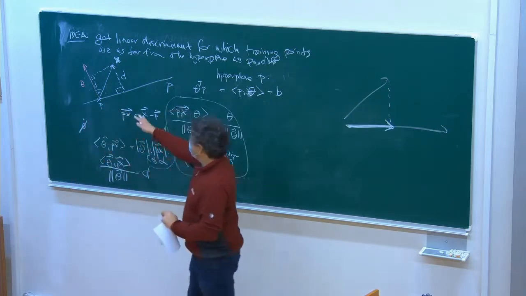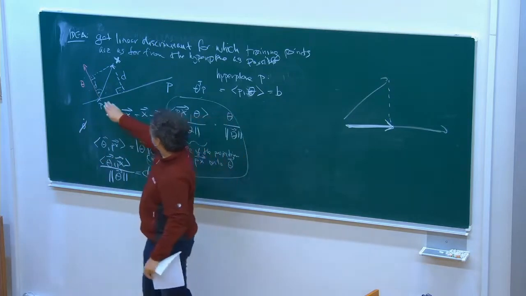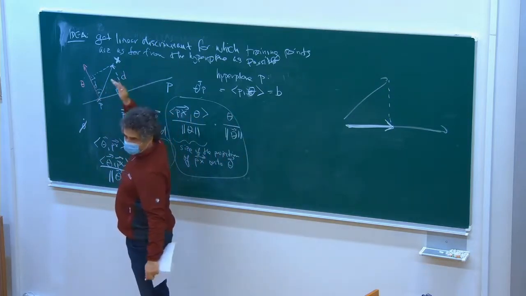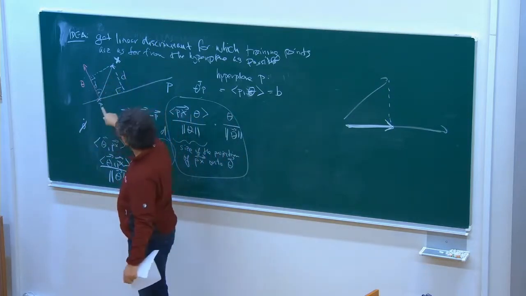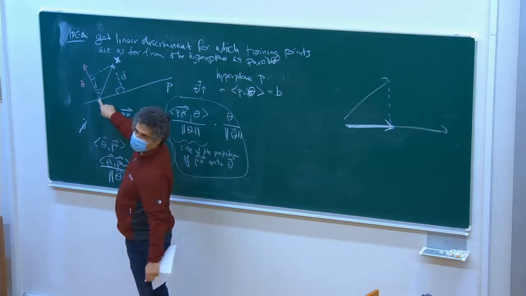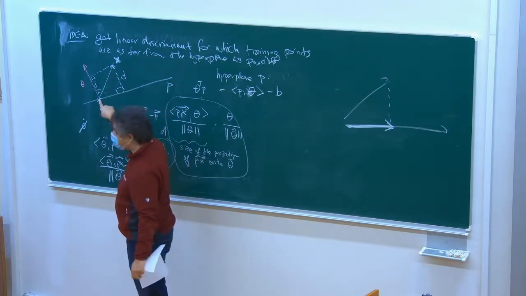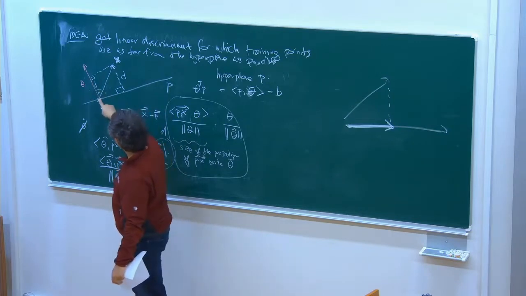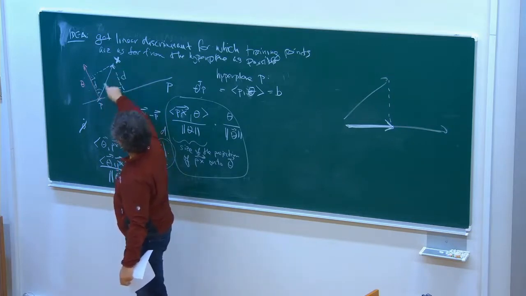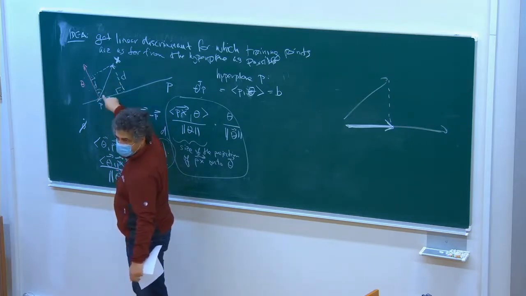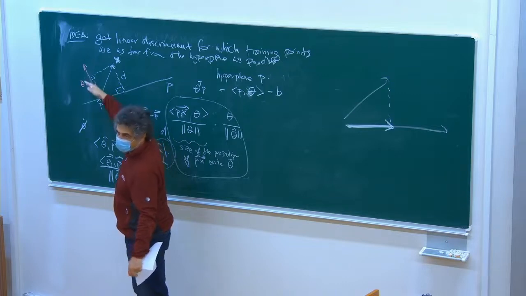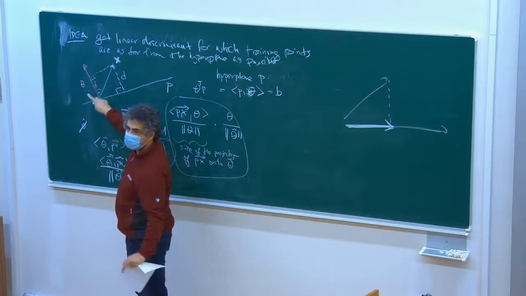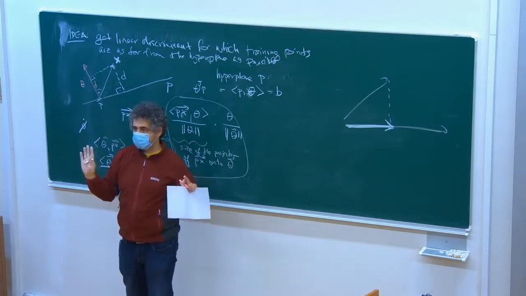And so how do you get the size of this? Well, we know from our high school education that, from the definition of cosine, this distance is simply the size of this vector times the cosine of this angle. Is that fine?